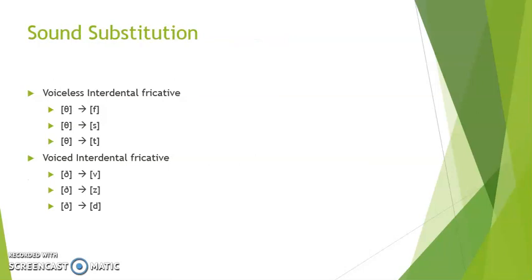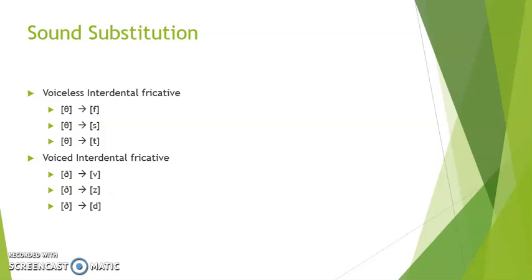So in English, English has two very weird sounds, the voiceless interdental fricative th and the voiced interdental fricative. And because those sounds are weird, sometimes speakers substitute different sounds.